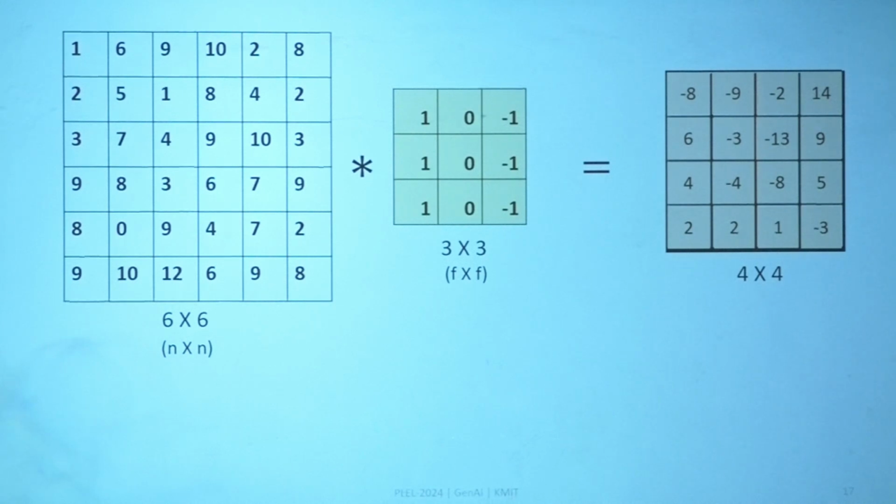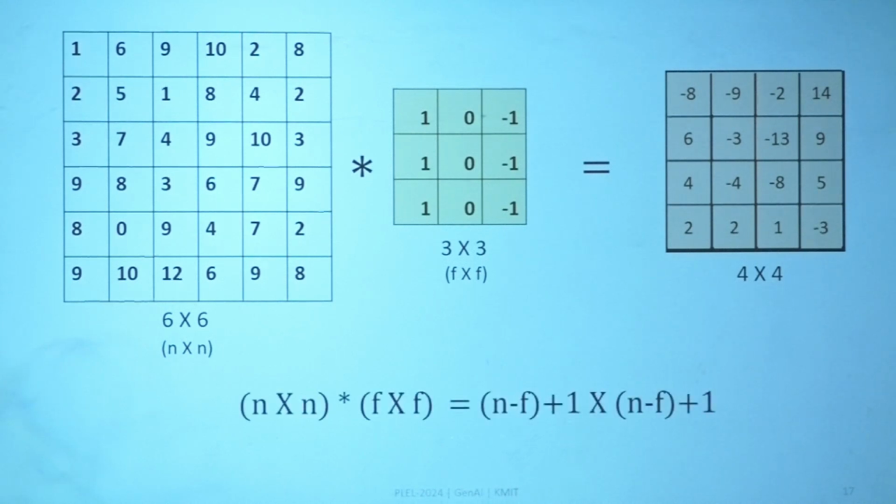From this we can derive the formula for the size of the output feature map when an n by n image is convolved with an f by f filter. The formula is n minus f plus 1 by n minus f plus 1. This is the dimension of the output feature map.